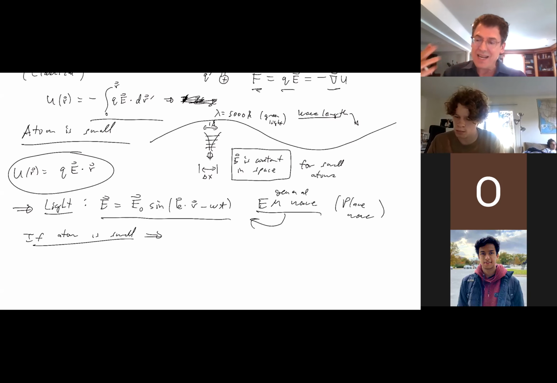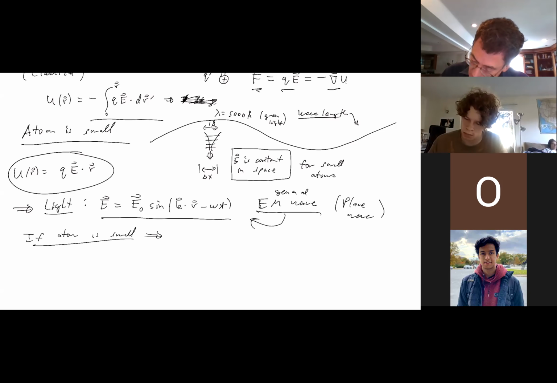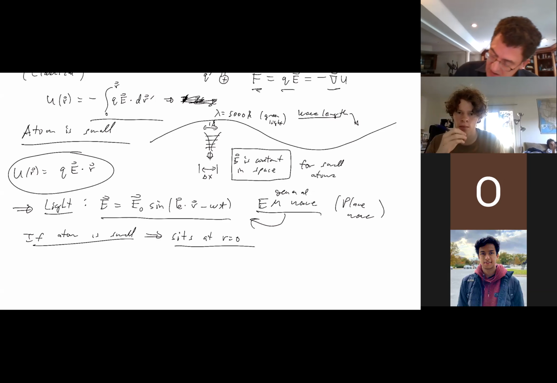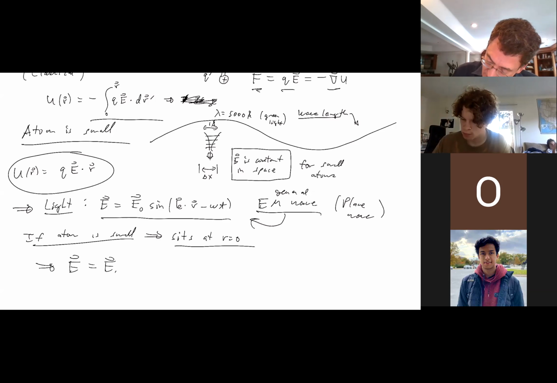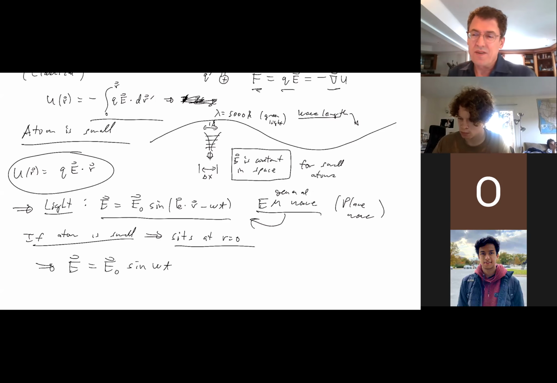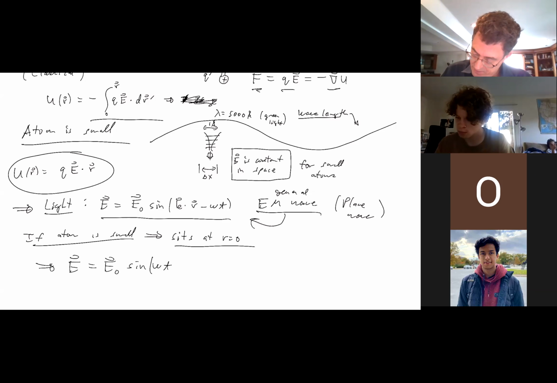then what the atom sees, if the atom is small, let's assume that the atom sits at r equals 0, and so then E equals E naught sine omega t. And I'm just going to ignore that little negative sign in the argument there, because I could just start my time at a different time to set the phase.